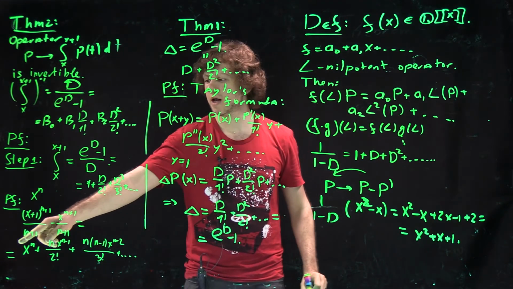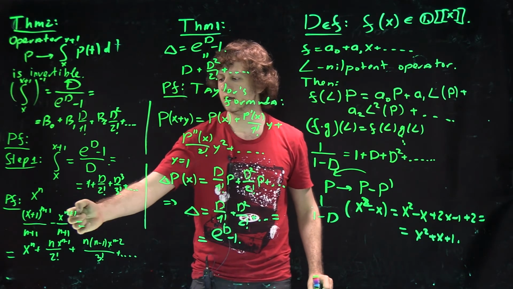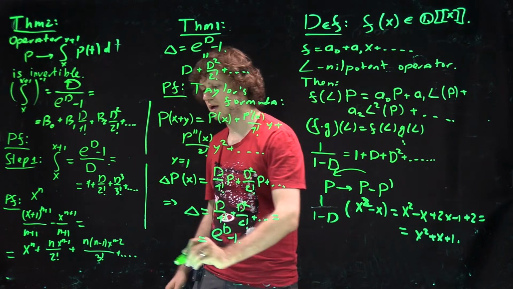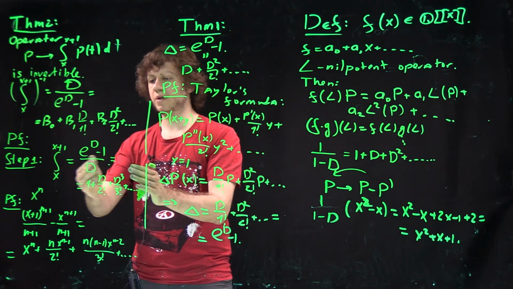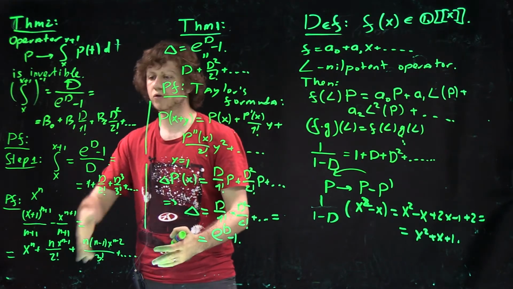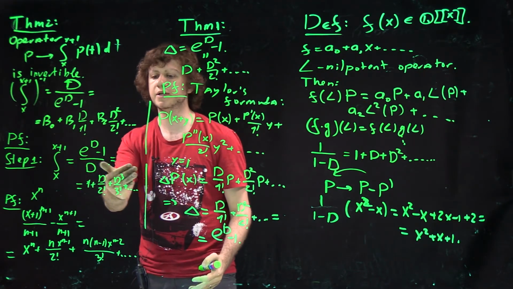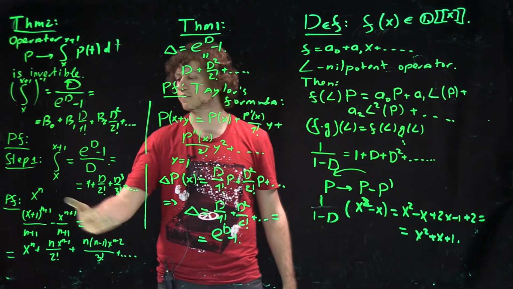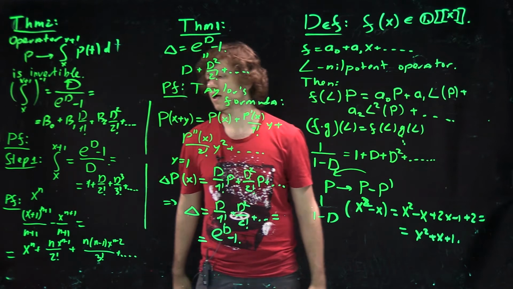And if you multiply by n plus 1 and move x to the power n plus 1 to the other side, you will get the binomial formula. Since the statement is true when you plug in any monomial x to the power n, it is true for every polynomial, because the operators are linear on each side, and so to check it for a polynomial it's enough to check for each monomial. So that's one proof.